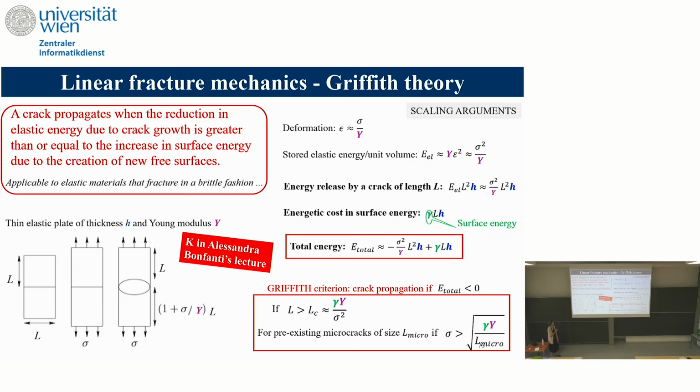It says that a crack will propagate if, when you have tension, you store elastic energy, and the release of elastic energy is larger than the energy you need to create two interfaces. Basically, you gain energy by creating a crack.